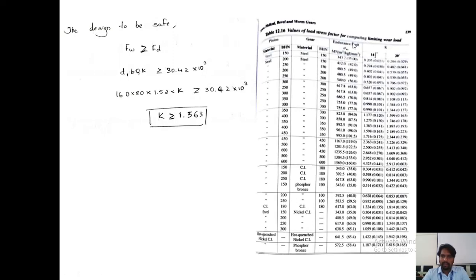Look at table 12.16. The first column is material, the second is BHN for pinion and gear, then again the material and BHN, the endurance limit, and K for 14.5 degree and 20 degree. We require 20 degree. Just refer to the data handbook, which is not clear over here. So we need to go for K greater than 1.563.